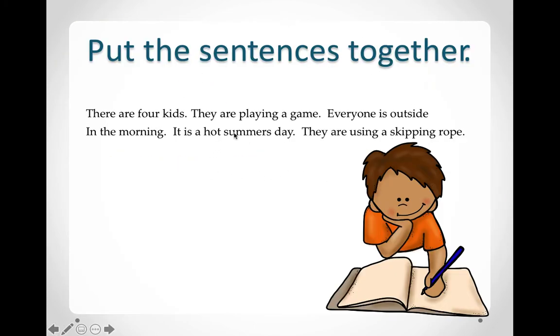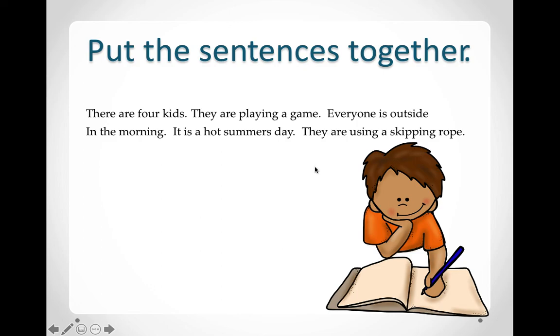So we are going to practice this together. Remember, we need to look at the picture or the topic, and we are going to ask ourselves the question words, the 5 W's and 1 H. And then we are going to put the sentences together to make our paragraph.